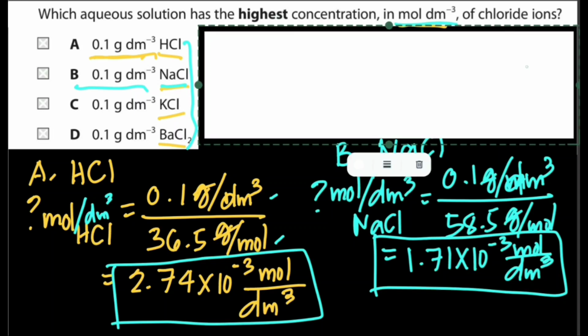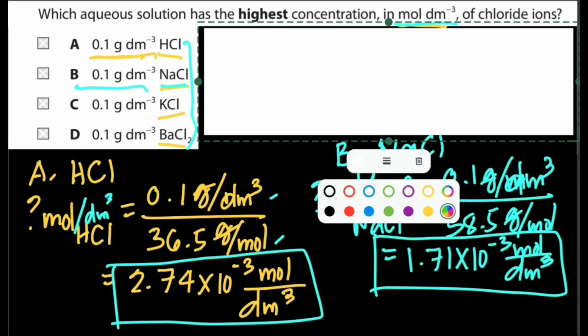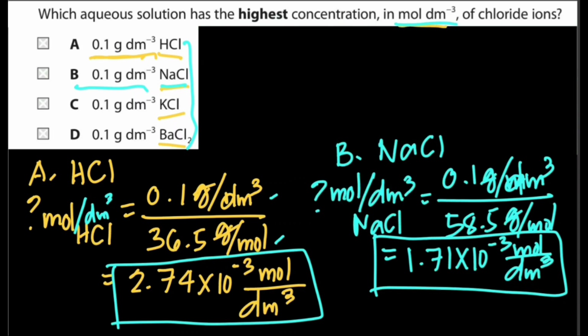Then we work out the next solution. Okay, the next one is potassium chloride.